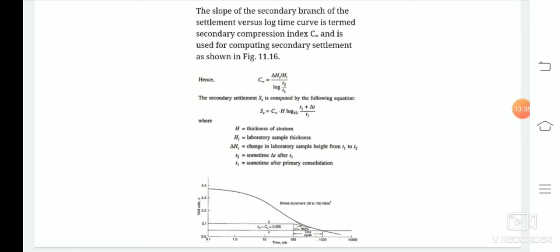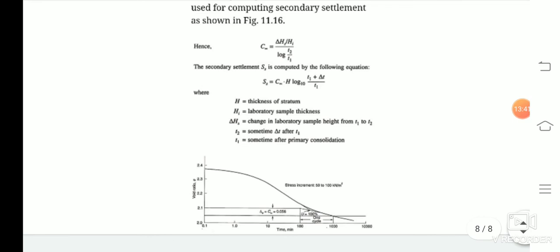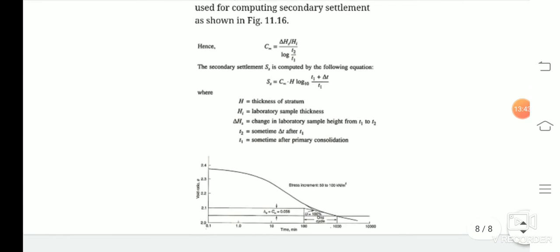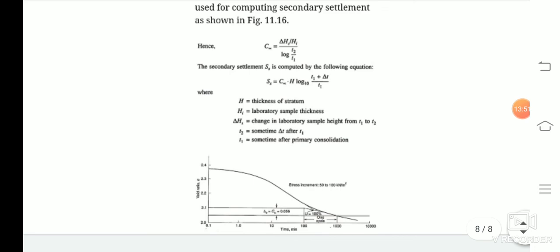This value is given by C alpha equals delta H by HF divided by log of T2 by T1. So from this compression index, we can easily find the value of the secondary settlement.